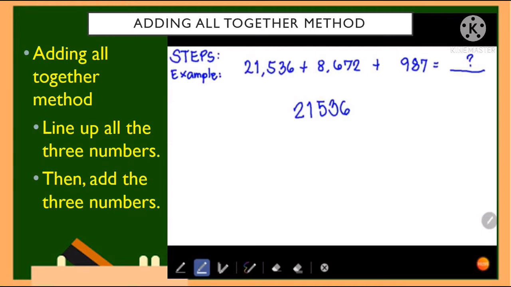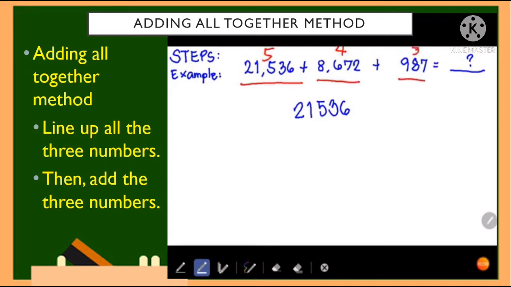We must align each digit on the digits based on their place value in the first number. Is that clear? We need to align the place values of each digit. It's because this number has 5 digits, this number has only 4 digits, and this number has only 3 digits.